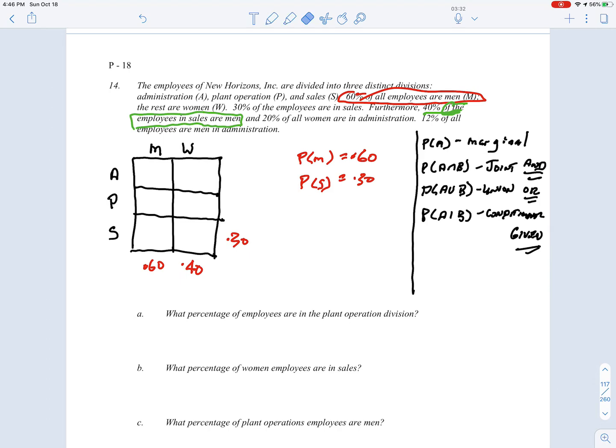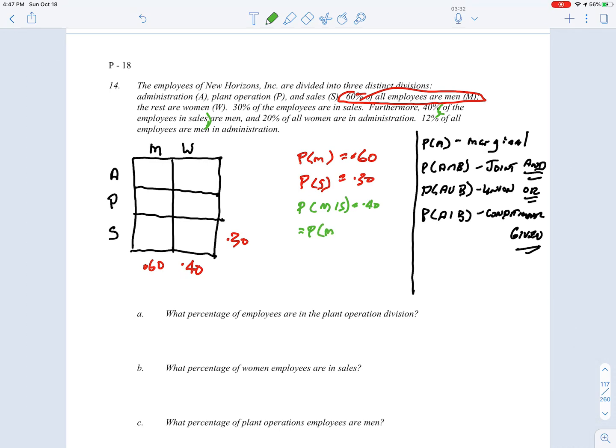So let me actually clean that up a little bit here. And I could put it down like this: 40%, are men. See how I put in a couple of commas there? So 40%, what? Of those in sales. That's the preposition. So given that they're in sales, 40% are men.